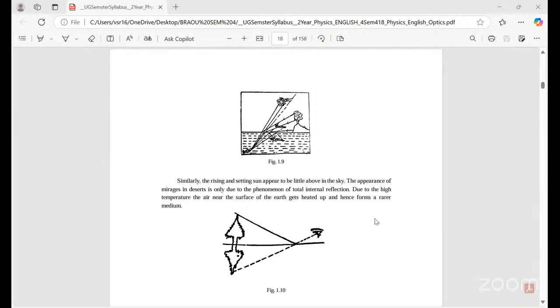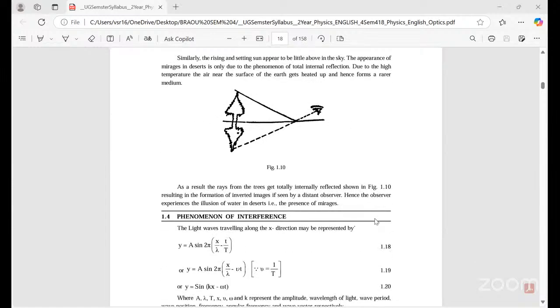Mirages in deserts occur due to the phenomenon of total internal reflection. Due to the high temperature, the air near the surface of the earth gets heated up and hence forms a rarer medium.